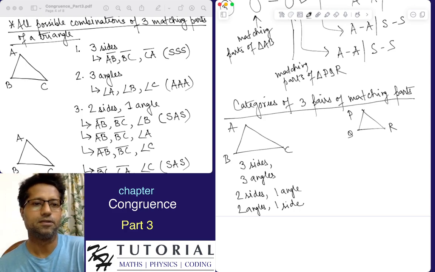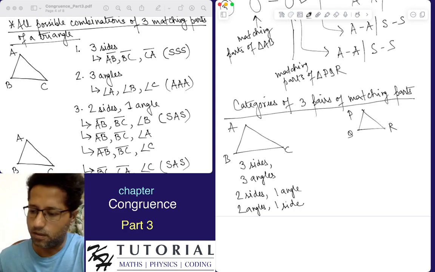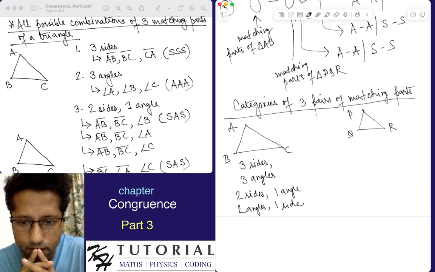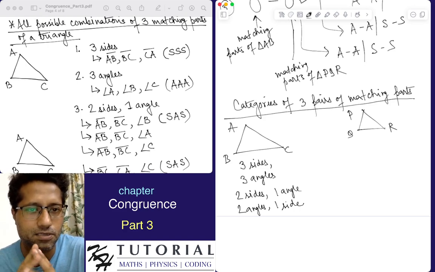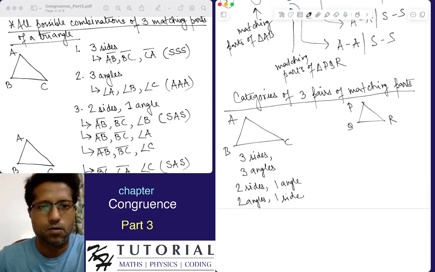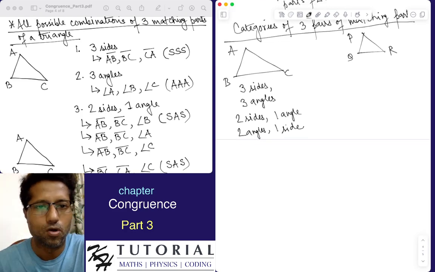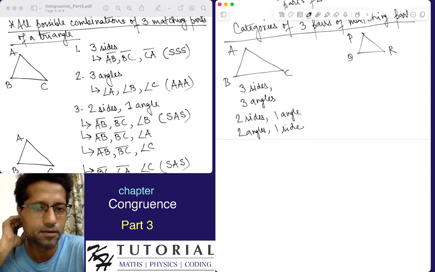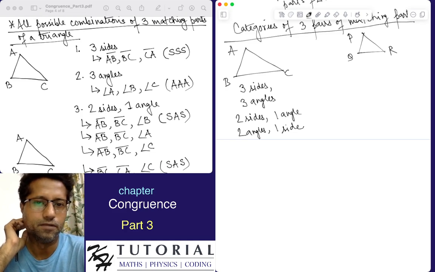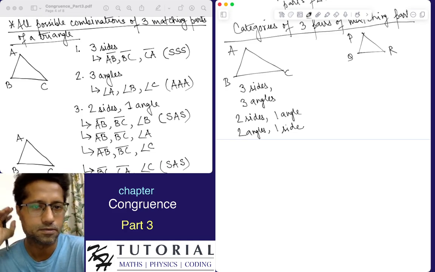When all the three matching parts are sides, we call it SSS, that is three sides. Now, when all the three matching parts are angles, then also we have only one choice, since there are three angles in a triangle. We choose all the three angles, and that choice is named AAA, that is three angles.